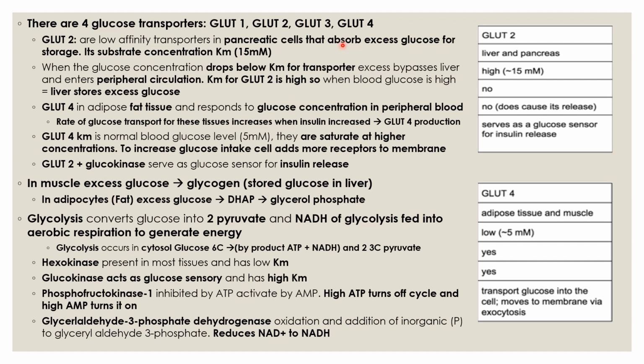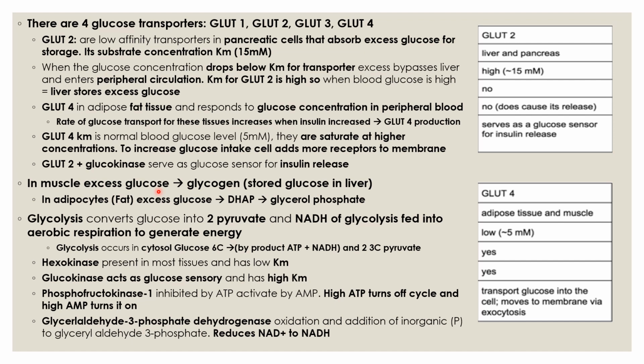So like we said, GLUT2 and glucokinase are glucose sensors for insulin release. GLUT2 serves as a glucose sensor when the concentration in the blood gets too high. GLUT2 and glucokinase signal, hey, insulin, get released by pancreatic beta cells.